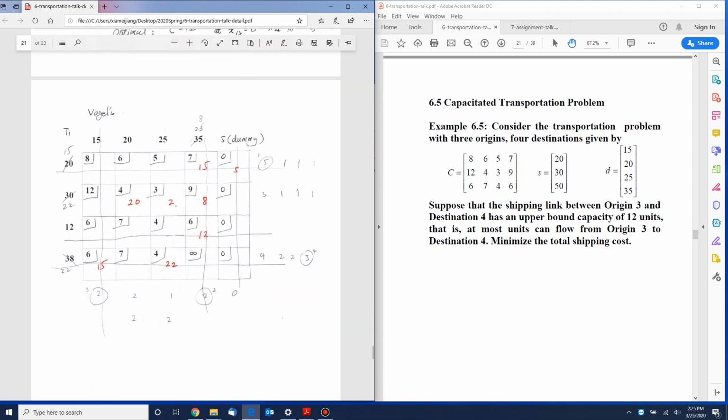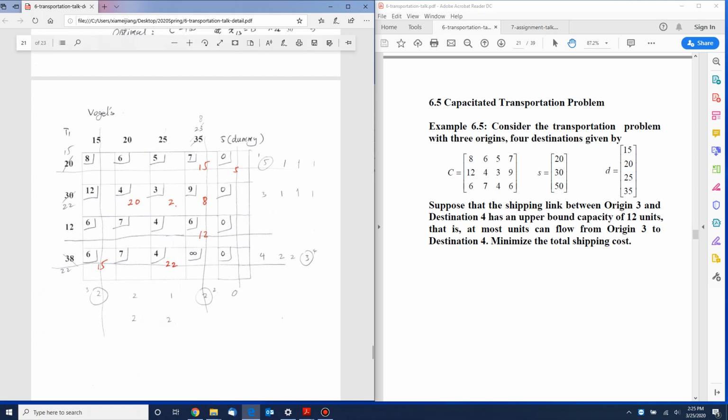What we do is we simply separate the 50 from the original 3 to 12 and 38. The 12 is the upper bound capacity from original 3 to destination 4. And then we just add one more row in the original tableau that is for 38.